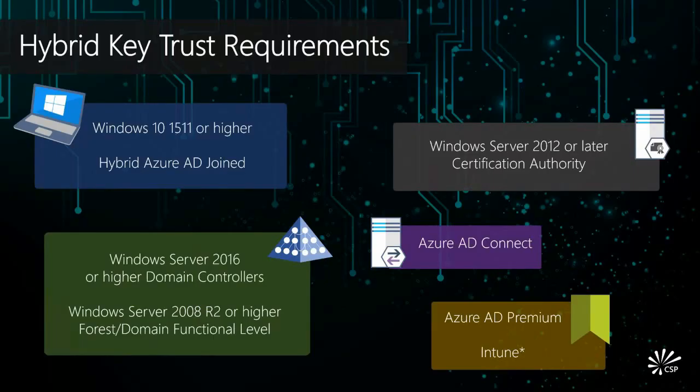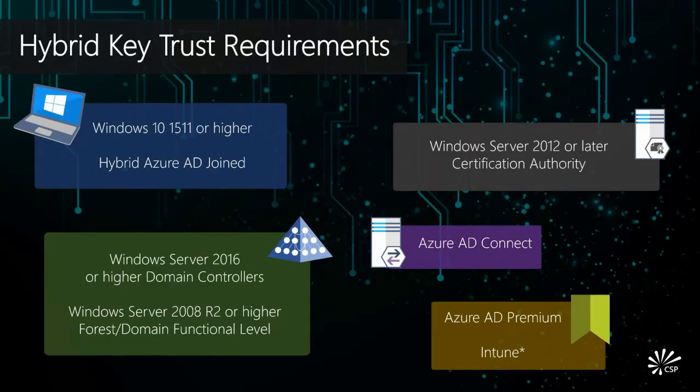We can't provision a passwordless credential with just a simple username and password. That's not a strong credential. You can only provision another strong credential by using a strong credential, and that means we have to step up our username and password with MFA, and that is something that if you want to make that available to all users in the organization, you typically have to have Azure AD Premium, P1 at least.